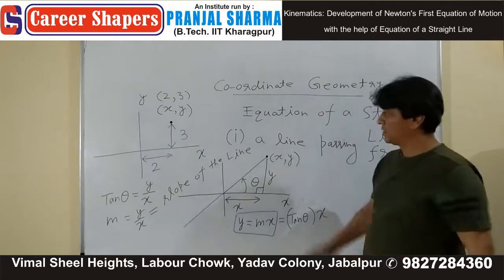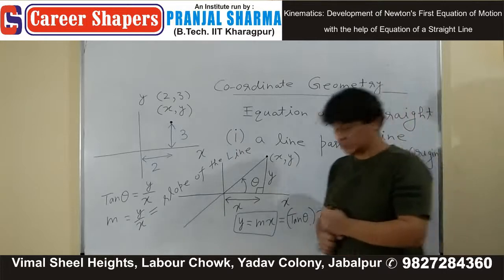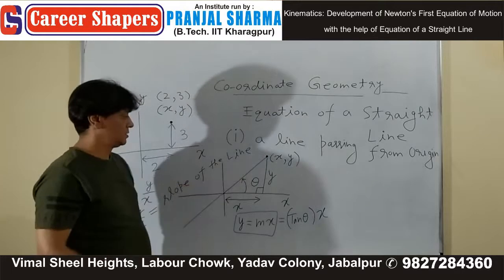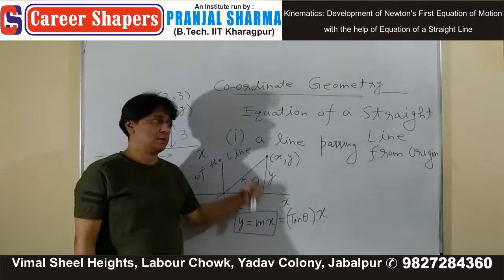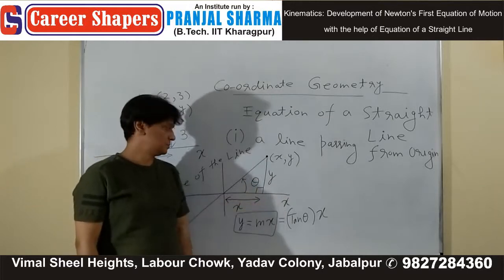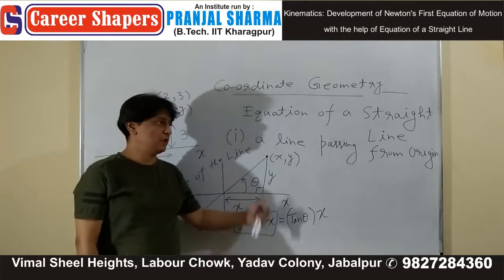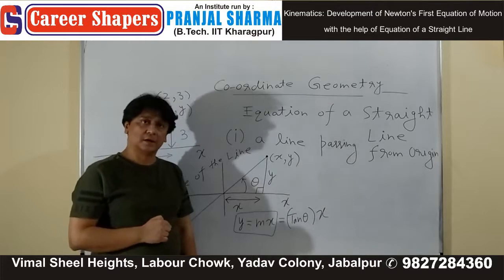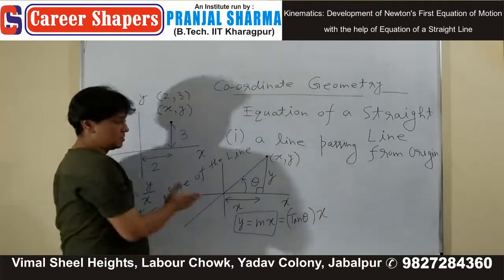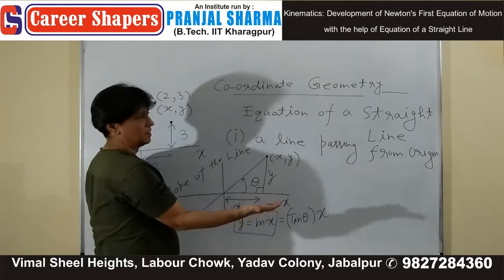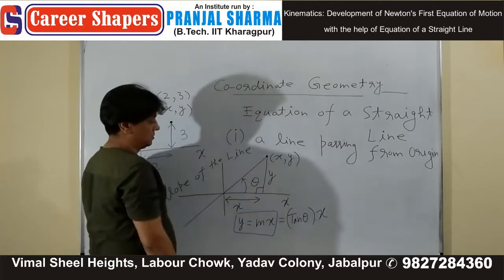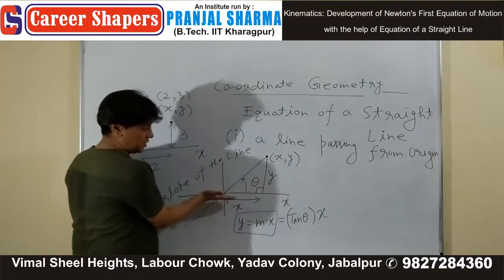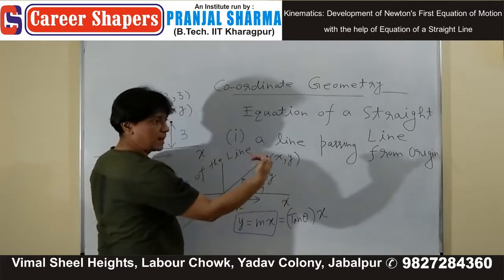This slope is nothing but tan of theta, where theta is angle between the line and the horizontal axis, and should be taken from the positive side of horizontal axis anti-clockwise.